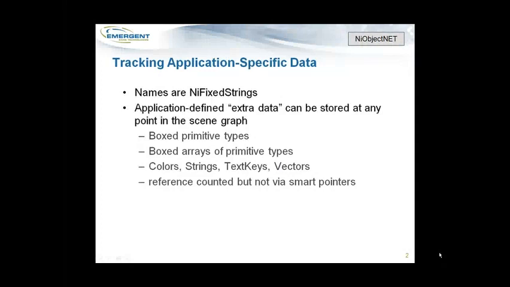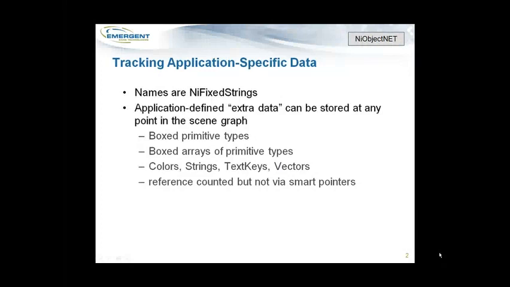All of these named nodes can have arbitrary sorts of application-defined extra data. This could be boxed primitive types, integers, floats, boxed arrays of primitive types, or more complex types that make sense in a graphics application: colors, strings, text keys for animation timing, vectors.